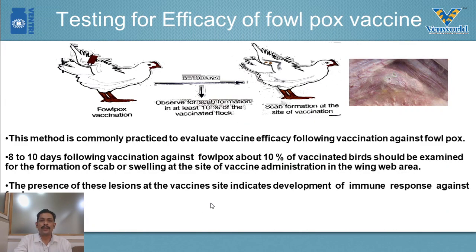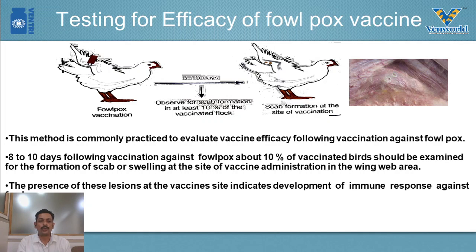And there is one test to find the efficacy of the fowl pox vaccines. We have to monitor for takes after 8 to 10 days. This method is commonly practiced to evaluate vaccine efficacy following vaccination against fowl pox.